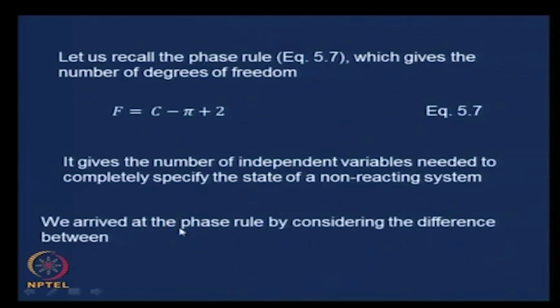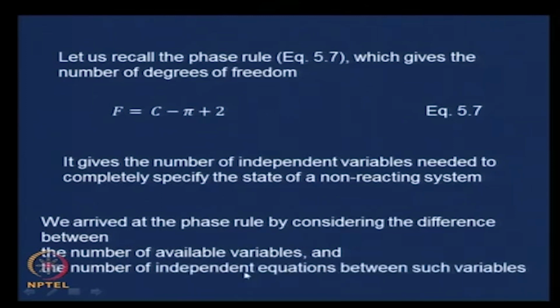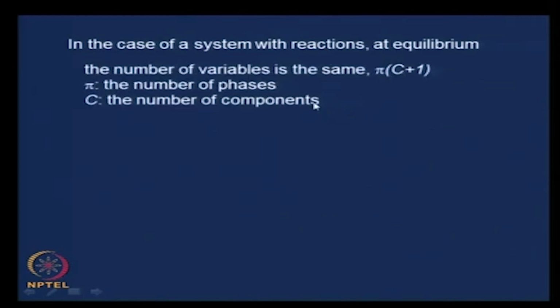Let us recall that we arrived at the phase rule by considering the difference between the number of available variables and the number of independent equations between such variables. In the case of a system with reactions at equilibrium, the number of variables is the same, pi times (C plus 1).